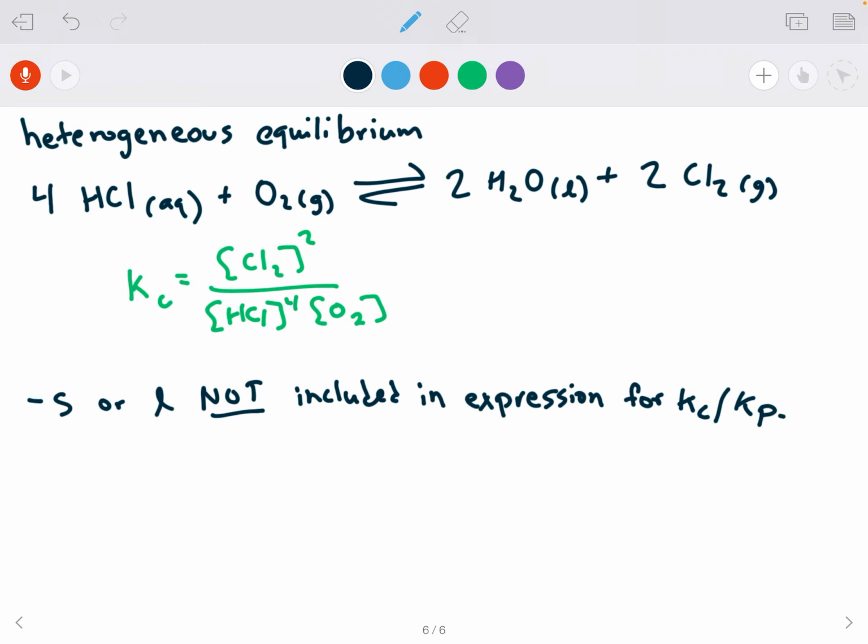The reason is that if something's in its liquid or solid form, it's in its pure form. So if you were to increase the mass of it, say I'm going to increase the mass of the water, because the water's in its pure form, the volume is going to increase by the same amount as the mass does, meaning the concentration doesn't change. So we just consider a liquid or a solid as 1 in the equilibrium expression, and since it's just 1, we ignore it and don't include it in the equilibrium expression.